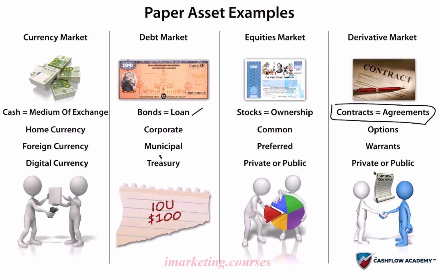There's debentures and coupon bonds and non-coupon bonds and junk bonds, and there's many types of derivatives. There's credit default swaps, and there's options, and there's warrants, and these can be agreements that are public, that are traded on exchange, like options are, or they can be private, like a warrant between an individual and a company that's just between that person and the company.